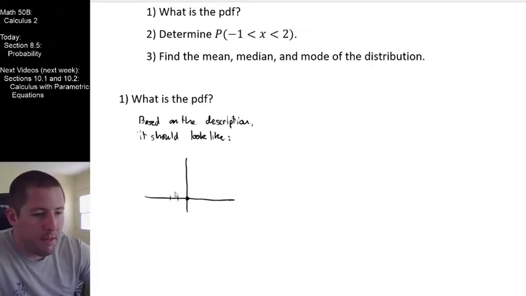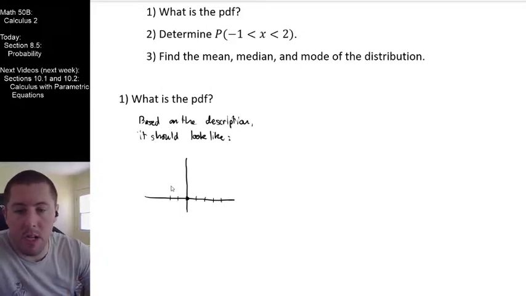I'm going to give myself a couple of marks here. It's a parabola, and it's going to go from -2 to 4, where it's non-zero. It's going to be 0 everywhere outside of that.